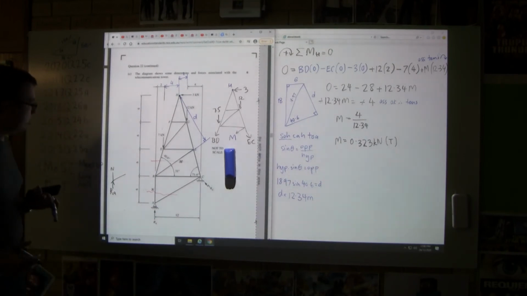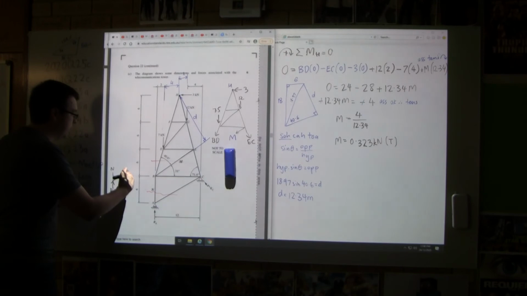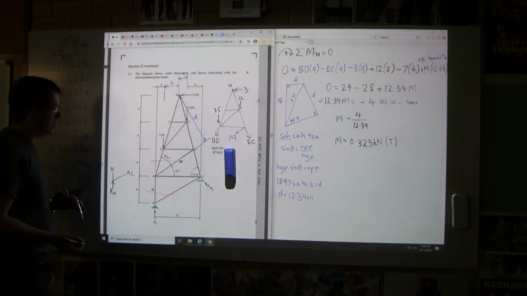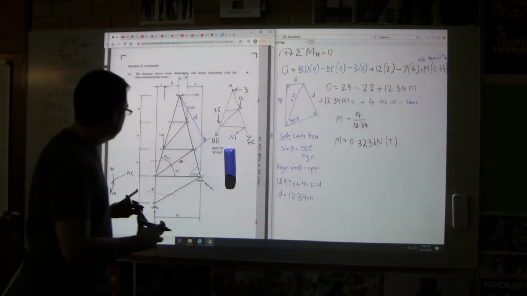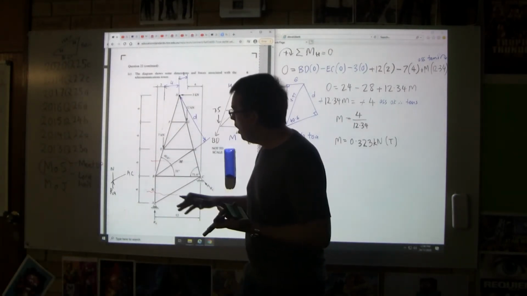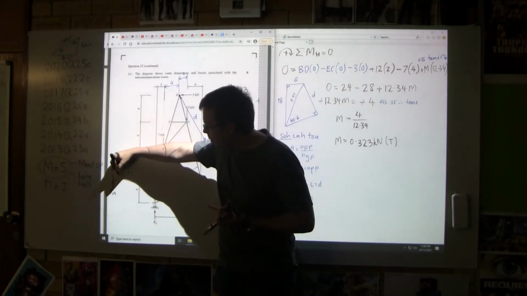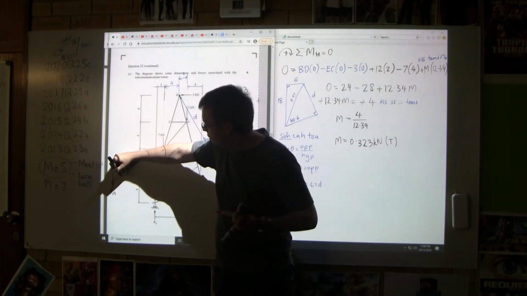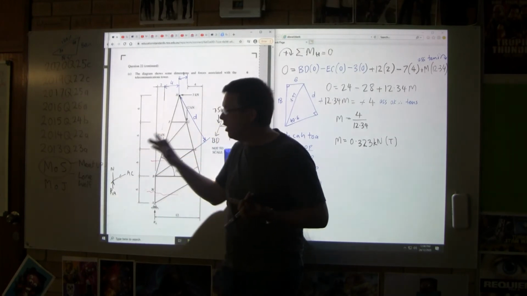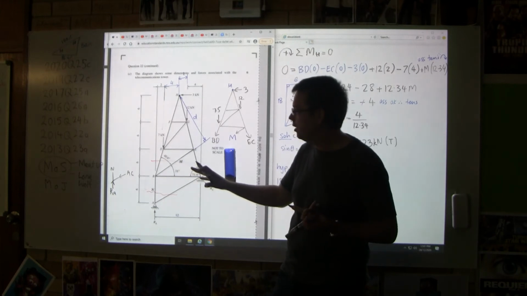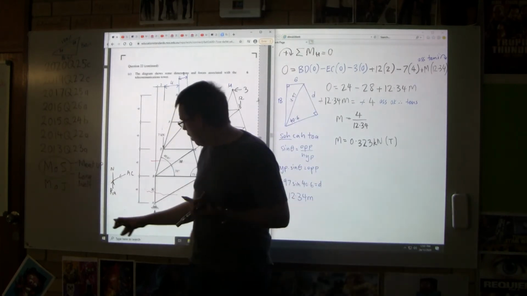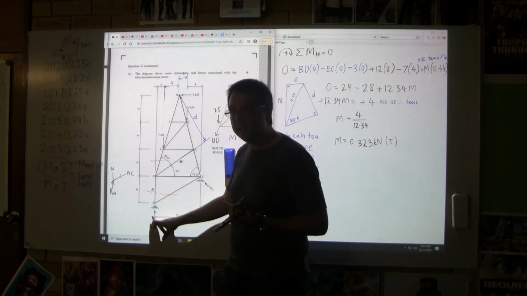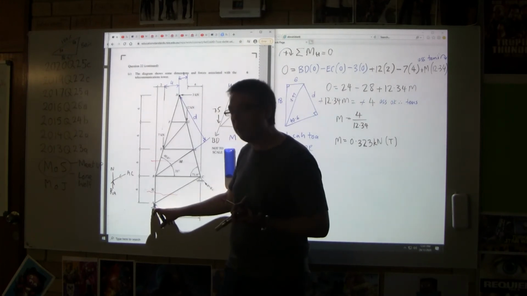Now, straight away, when I look at this force, what I'm going to call this is AC. When I look at AC, what I can tell straight away is that if AC has any amount, let's assume it's going to the left. If AC had any amount of leftness, it would bust out of the force, because A is a roller, so it can only have up.